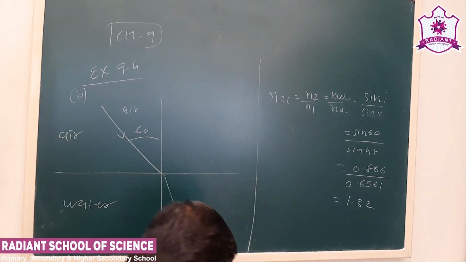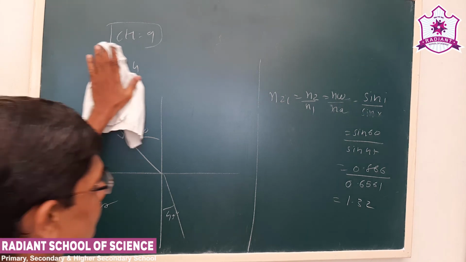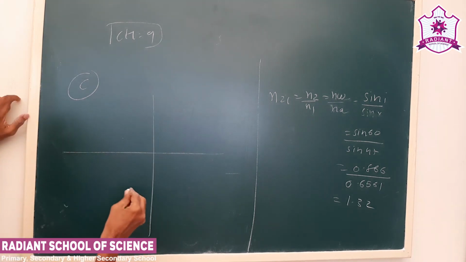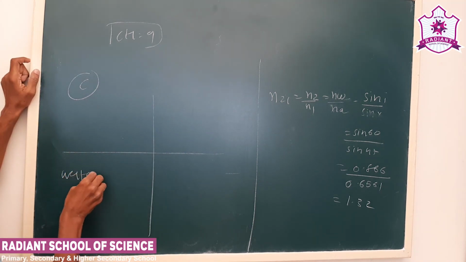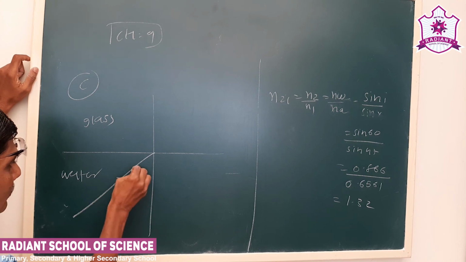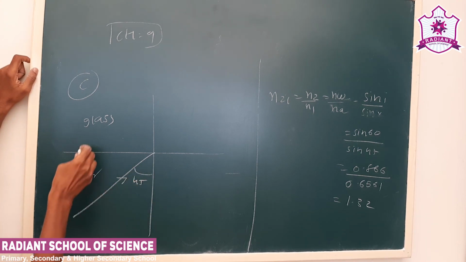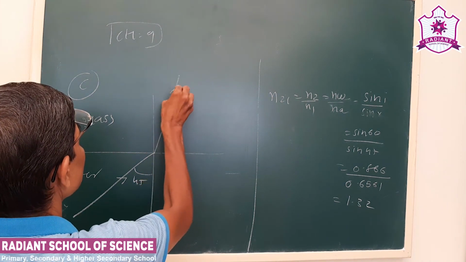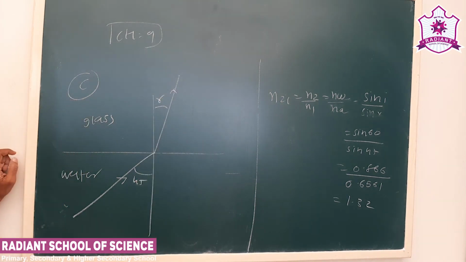Now see the third case. See the diagram C which is given. Now the ray travels from water to glass. The third diagram given in the book, see the ray is incident at angle of 45 degree and travels in glass. See where we have to find out the angle of refraction.